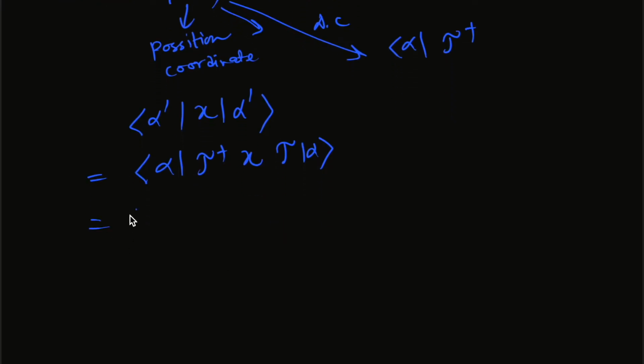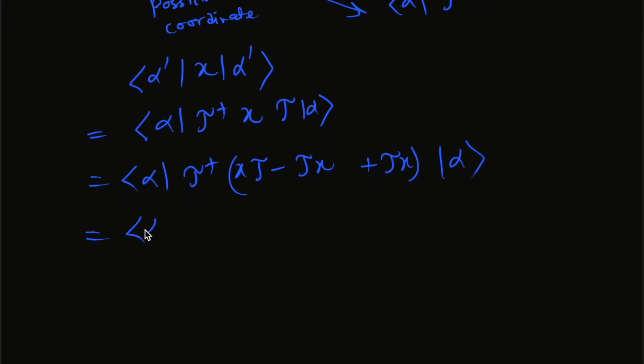Now ⟨α|tau dagger x tau|α⟩ can be written as x tau minus tau x. We have to add another term here, plus tau x.